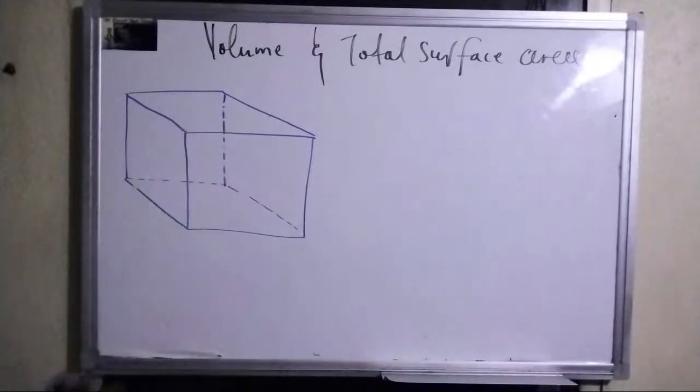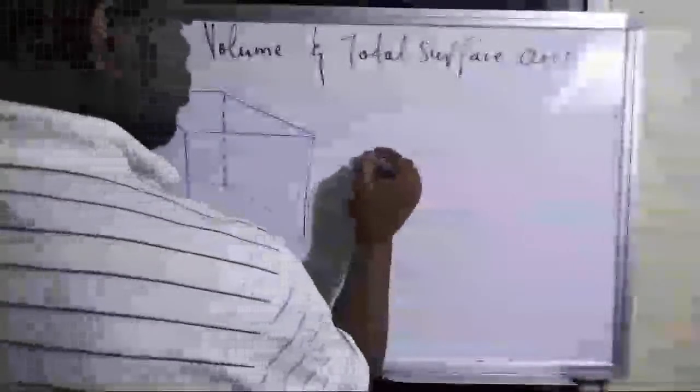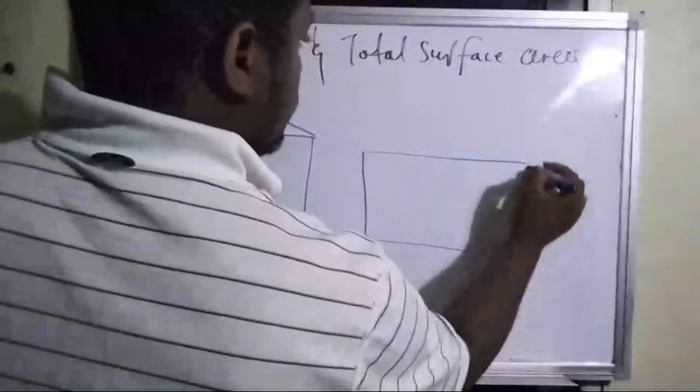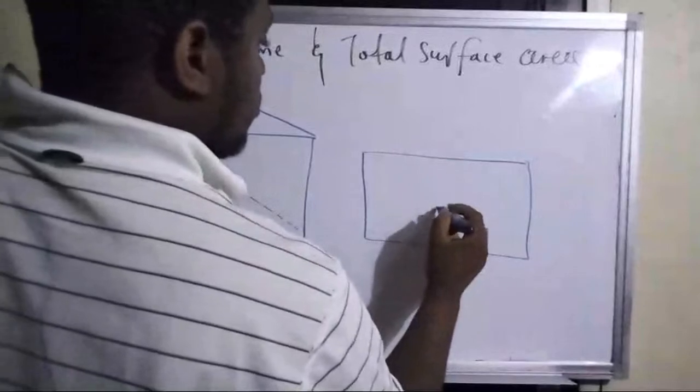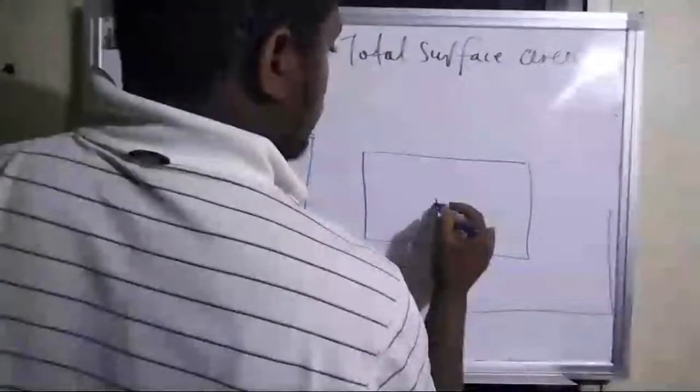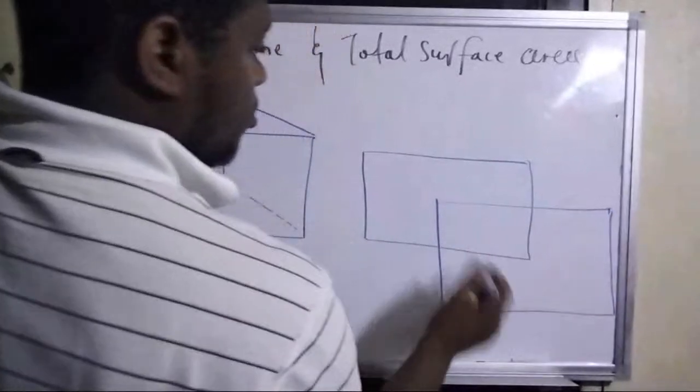Alright, so this is a cube, and we're going to look at a cube versus a cuboid. This one is a bit ugly.